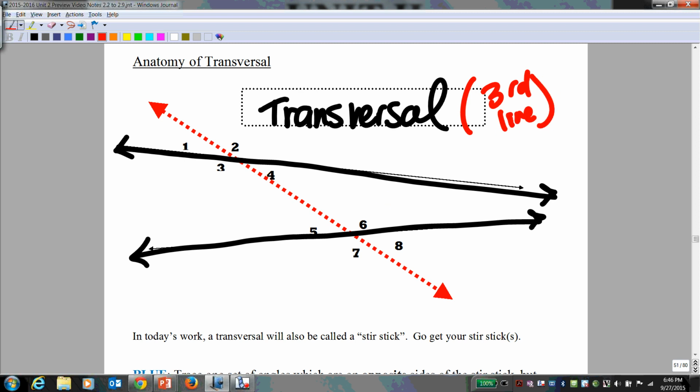I want you to lay your stir stick there, because I'm going to use the term transversal and stir stick interchangeably. So you have a stir stick, I literally want that stir stick right on your paper right there. That's what we're going to call a transversal. Transversal cuts across two other lines. I'm going to call it your stir stick.